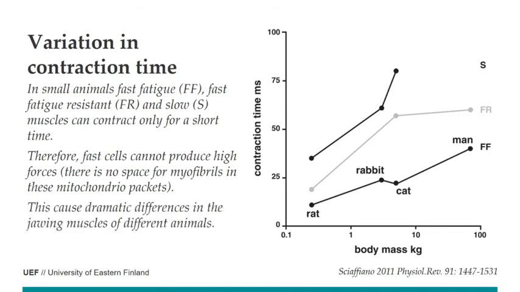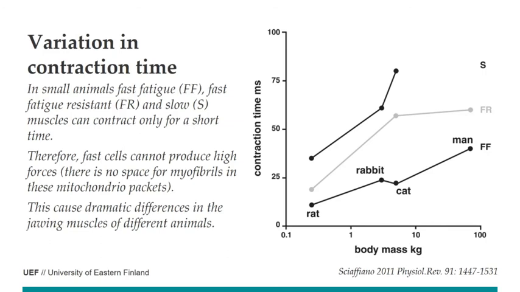And this causes dramatic differences, for example, in chewing muscles in different animals. If you have a carnivore that is tearing the prey into small pieces, you must have large muscles, and you must be able to produce long enough force to get enough power for this mechanism.